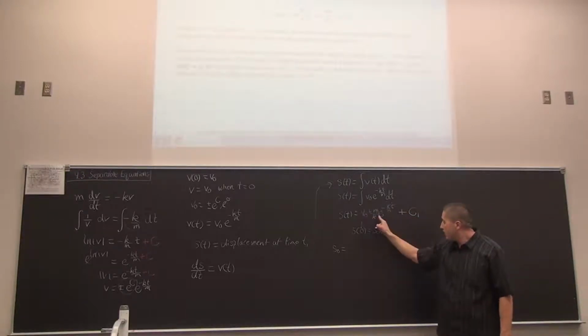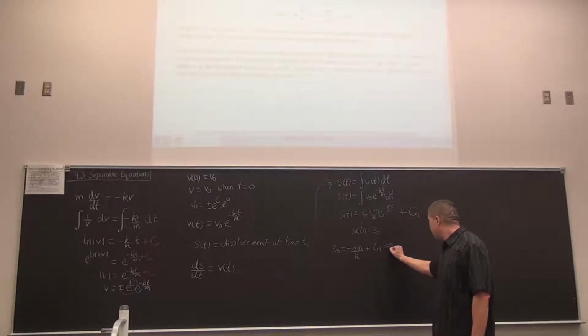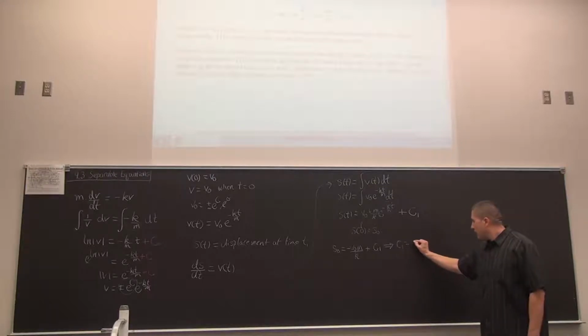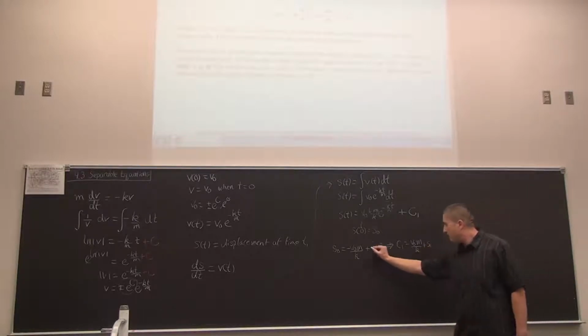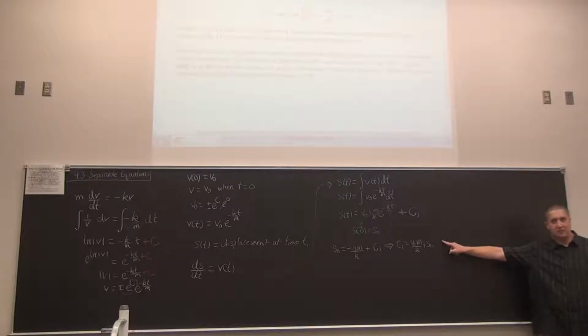And all we get is all the constants. So negative v naught times m divided by k plus c1. So therefore, we now know that c1 is equal to positive v naught times m divided by k plus s naught, by adding this to both sides of the previous equation. So it's turning into lots and lots of constants, but it is what it is.